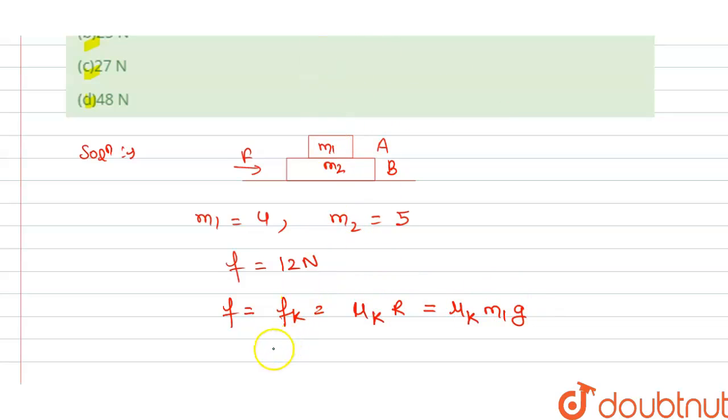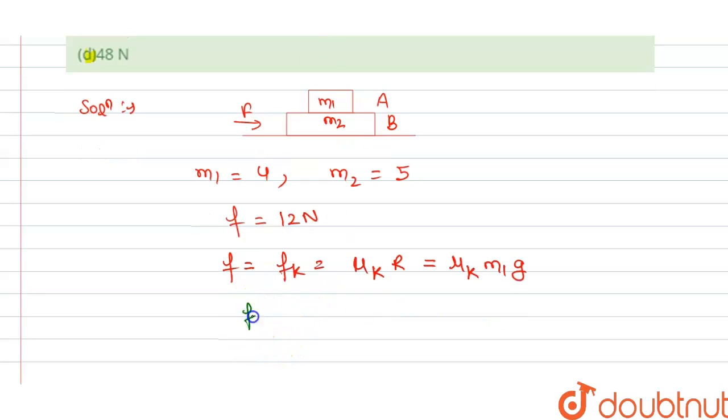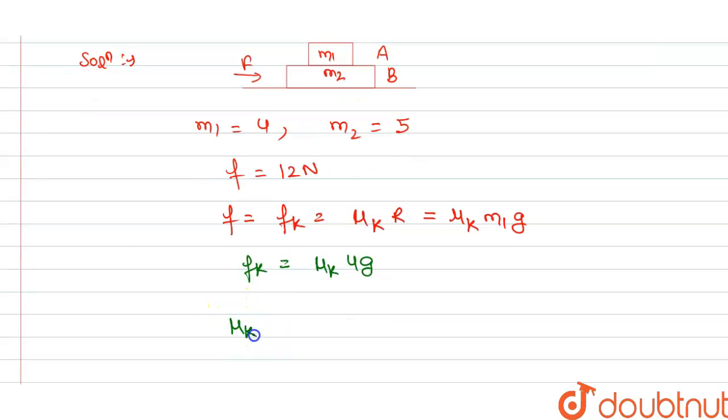So from this we can write Fk, the kinetic friction force, equals mu K into 4G. So mu K equals the friction force divided by 4G.